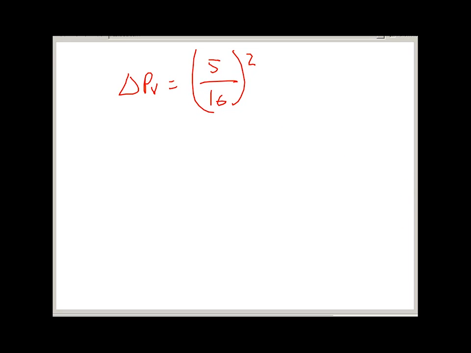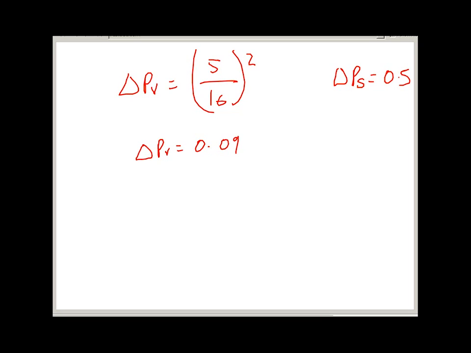So could somebody just tell me what delta PV is? I also have delta PS equals 0.5. So if somebody could just work out, right. So delta PV equals 0.09.